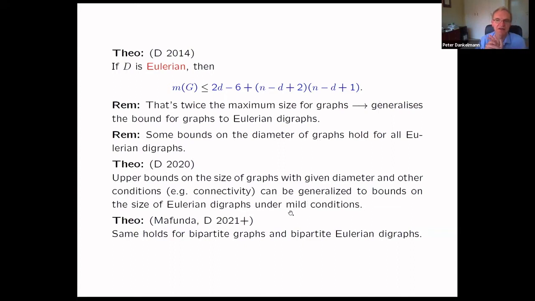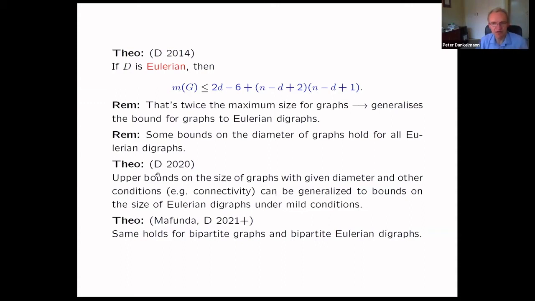And in fact, it turns out that under all sorts of additional conditions, so if we prescribe not just order and diameter, but also connectivity, minimum degree, edge connectivity, then we will get precisely the same result.